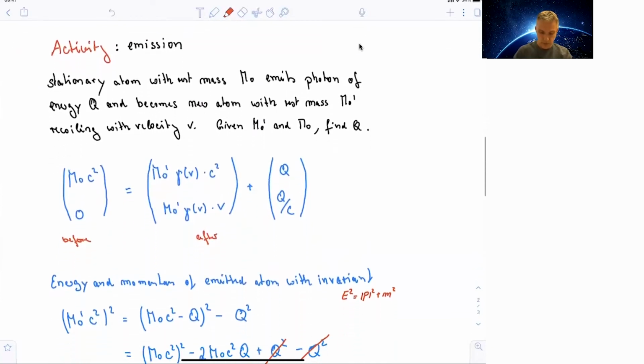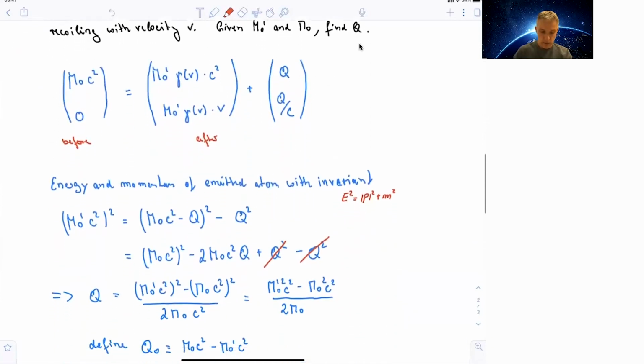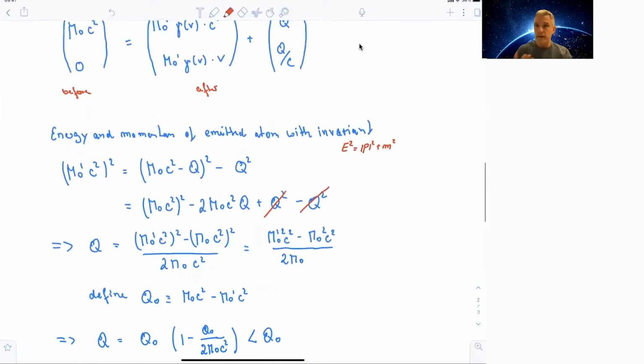So now what we want to do here is use the invariance of the 4-vector, using the energy and momentum relation. So the mass of this new particle times c squared is equal to the energy squared.